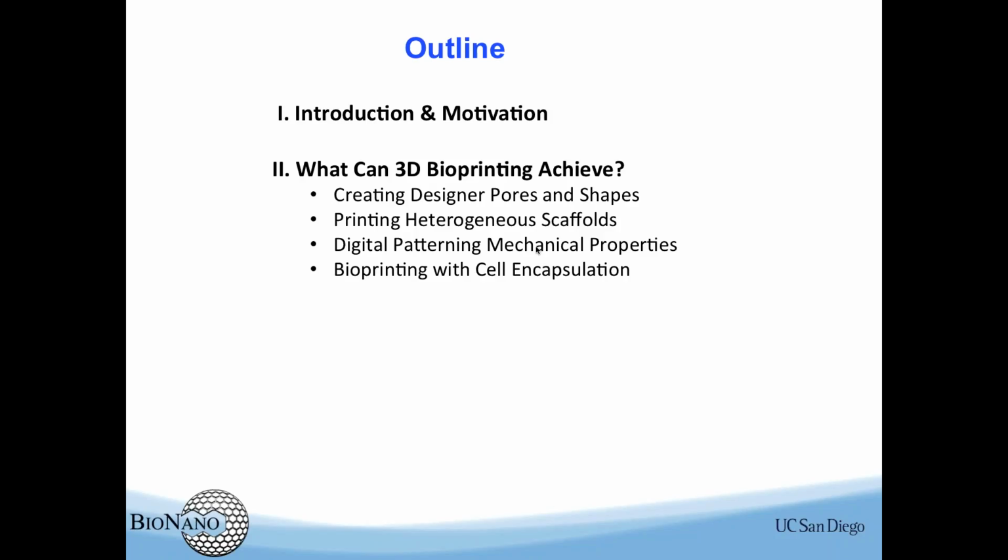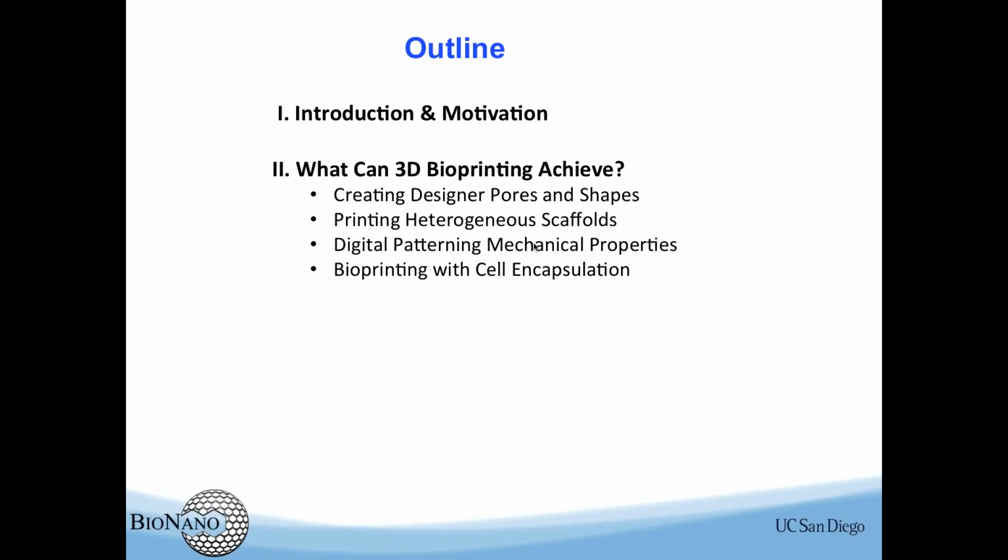Then I'll move on to patterning that allows printing structures with special mechanical properties. Specifically, I will talk about stiffness control, and also another parameter called the Poisson ratio, that's related to mechanical properties.